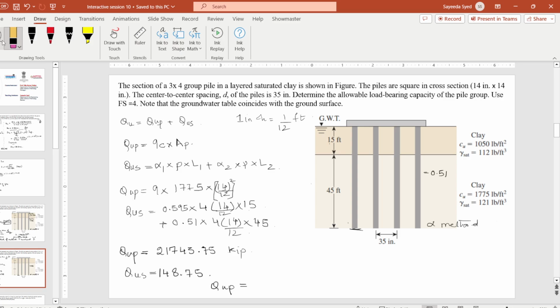So I need to modify these, multiplied by C1, which is 1050, and this is 1775. So I need to multiply here also. I skipped this. Okay, I need to correct this.